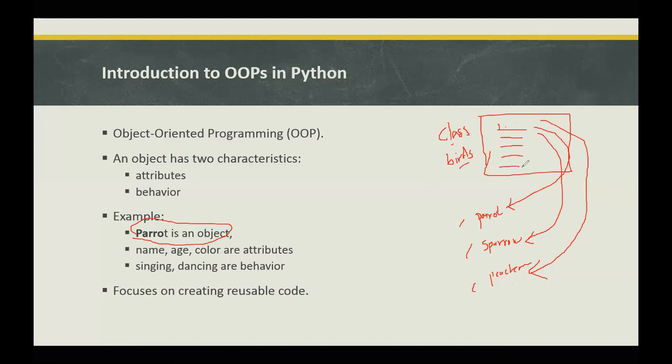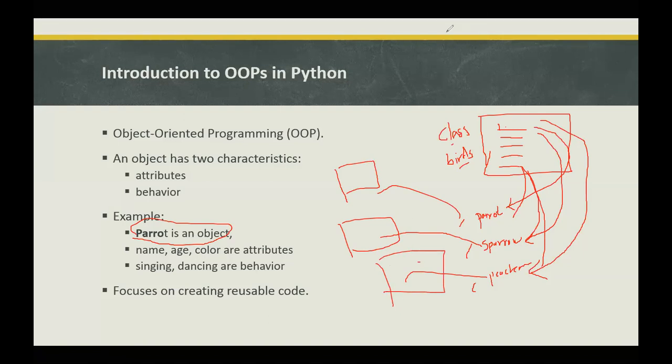Obviously the behavior is different for all these three birds. So the same copy is created for the parrot, in which the values are different, and similarly for the sparrow and the peacock. This is what we discussed in the last lecture about the class and object concept.